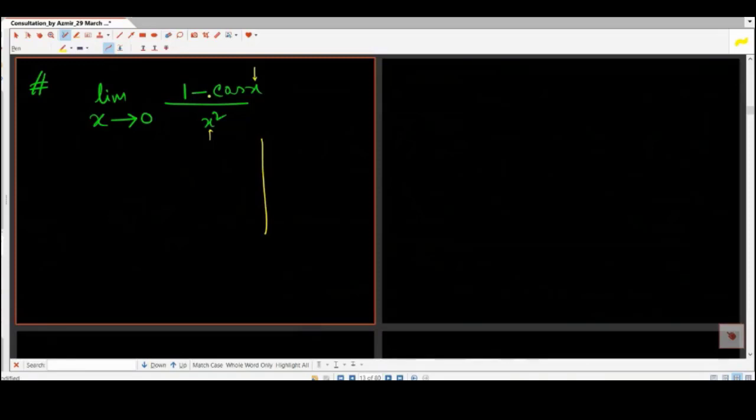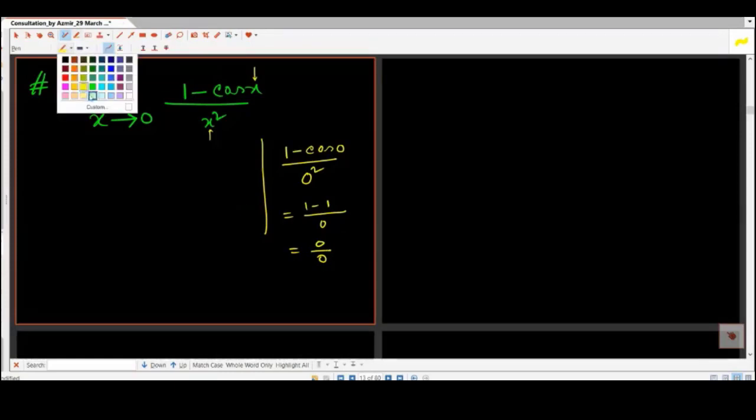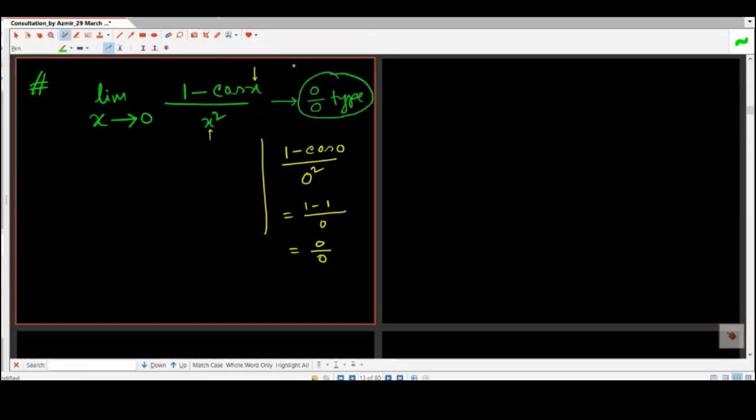Let's say we have 1 negative cosine 0 and 0 squared. So 1 negative cosine 0 is 1 and 0 squared in denominator is 0. So we are getting 0 over 0. So that means the form we have here is of 0 over 0 type. Since it is 0 over 0 type, we can apply L'Hopital rule.